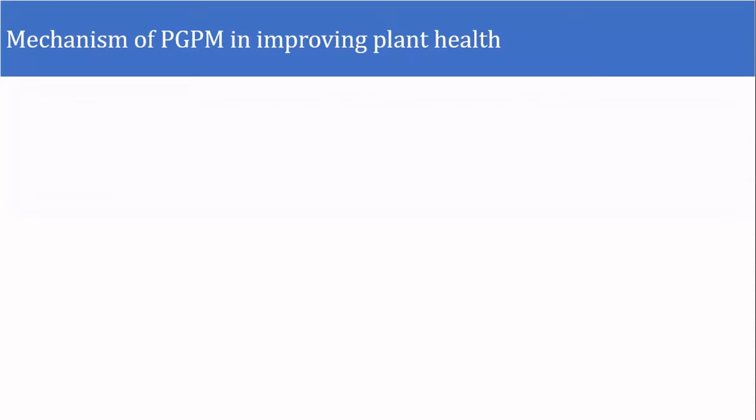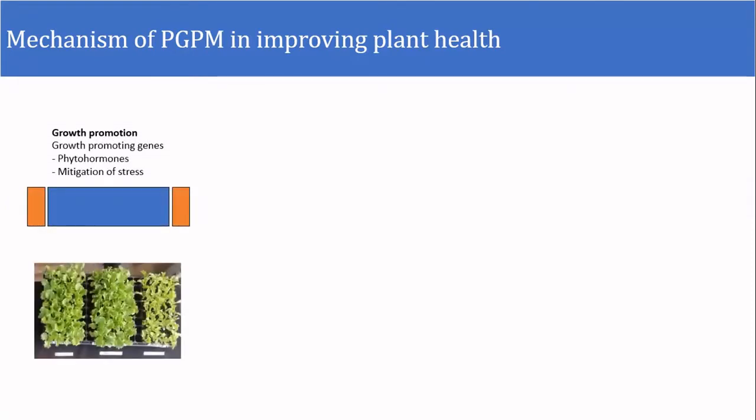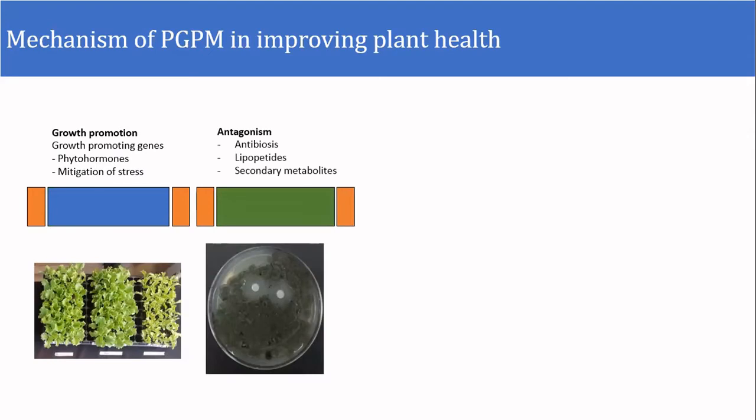And if you see the general mechanism of plant growth promoting microorganisms in improving plant health, one is the growth promotion. And in case of growth promotion, it could produce the phytohormones, and it could also mitigate the stress imposed by biotic or abiotic stress.